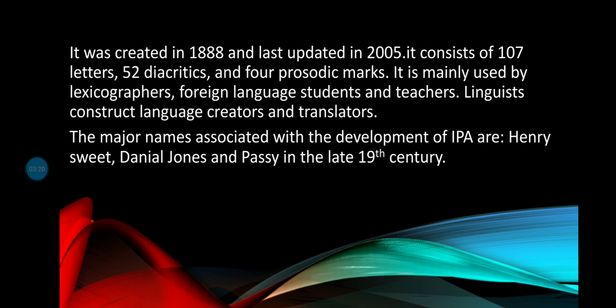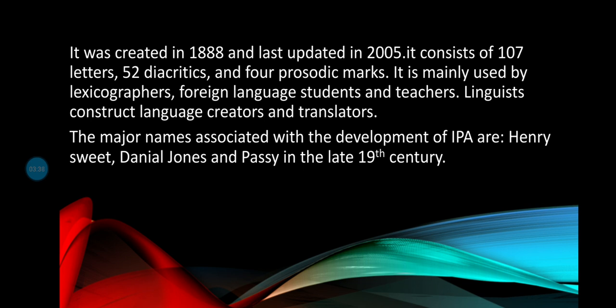Okay. Who uses IPA? The IPA is mainly used by lexicographers, meaning those who make dictionaries, and then foreign language students like us, when we want to learn English properly as a professional language, so we need to understand and learn that IPA.